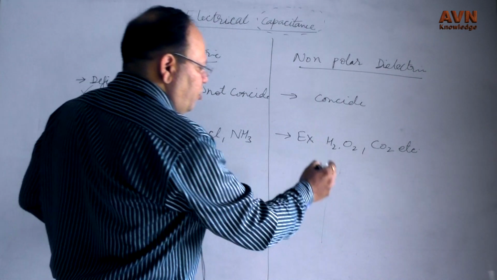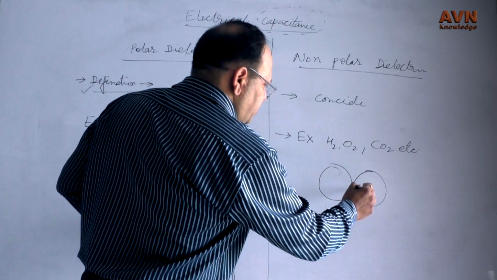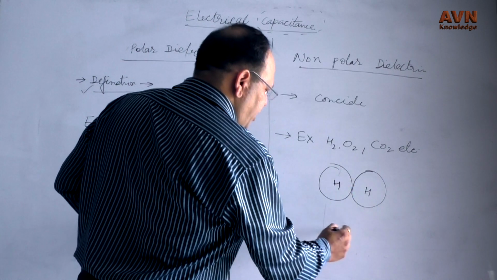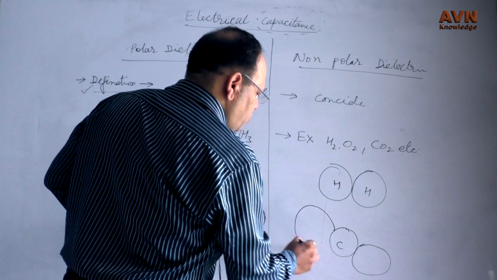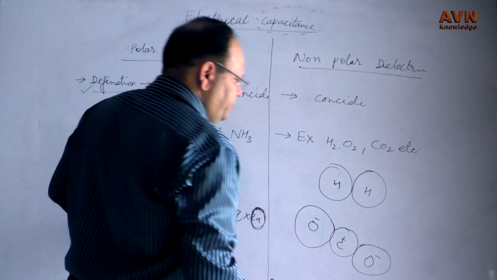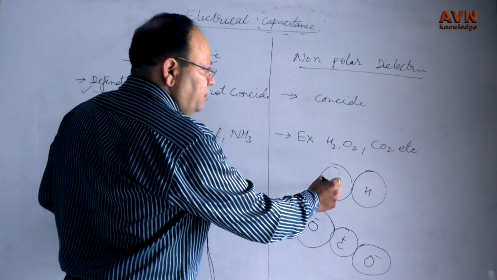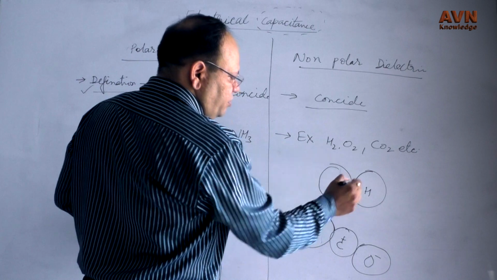And for non-polar, the example of H2, meaning H plus, H plus, or we can take the example of CO2: O minus, O minus. They coincide, the center of mass of H plus and H plus coincide with each other.